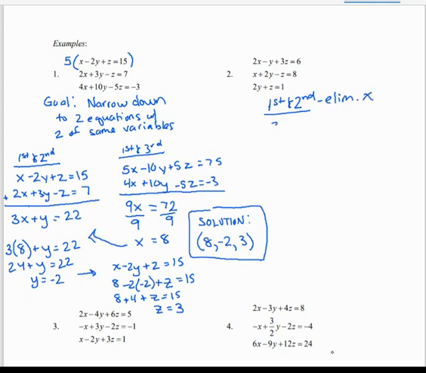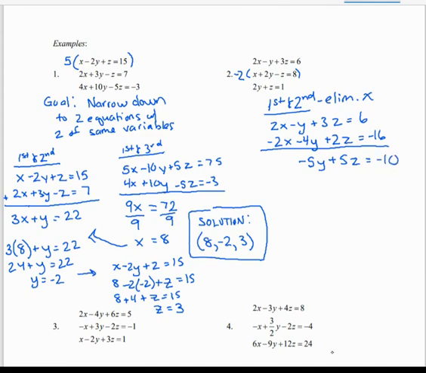By doing so, we'll keep the first equation, but I will multiply the second equation by negative 2. This gives me negative 2x minus 4y plus 2z equals negative 16. When I combine those, I get negative 5y plus 5z equals negative 10.